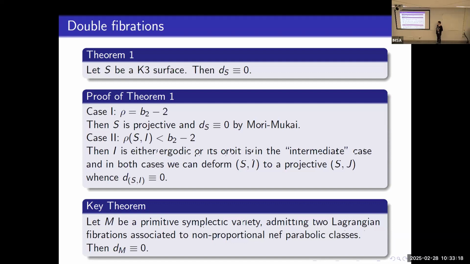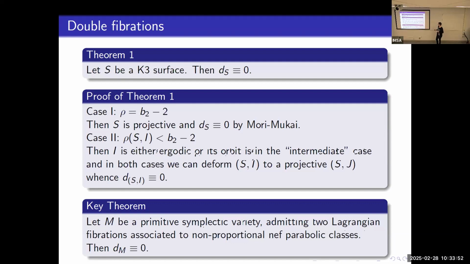If you have either a hyperkahler manifold or, in the singular case, a primitive symplectic variety, admitting two distinct Lagrangian fibrations, the way we say this technically is to be associated to non-proportional nef parabolic classes. So when you pull back these ample classes from the base, you want the pullbacks to be non-proportional. That's how you make sure that the Lagrangian fibrations are distinct.